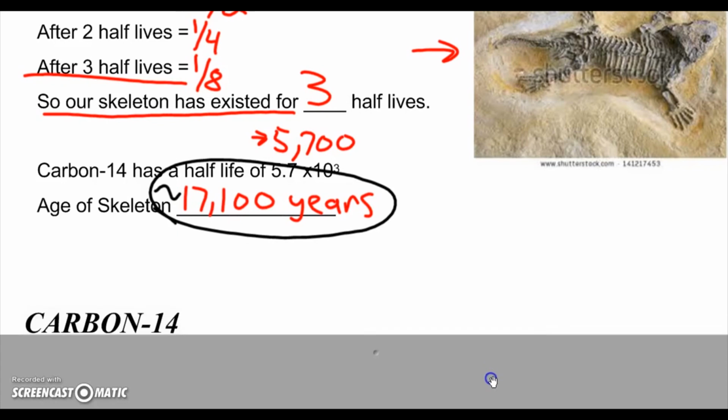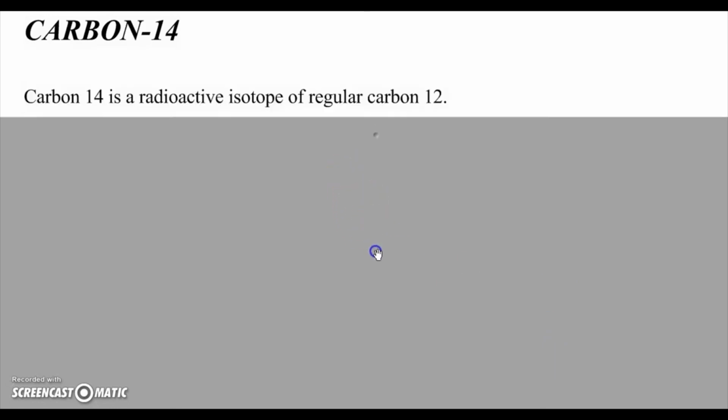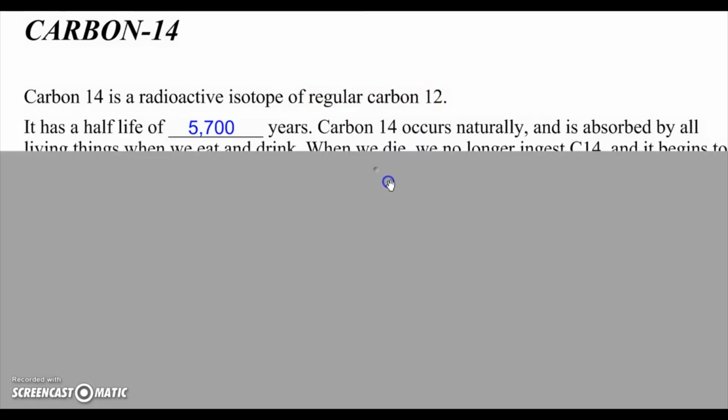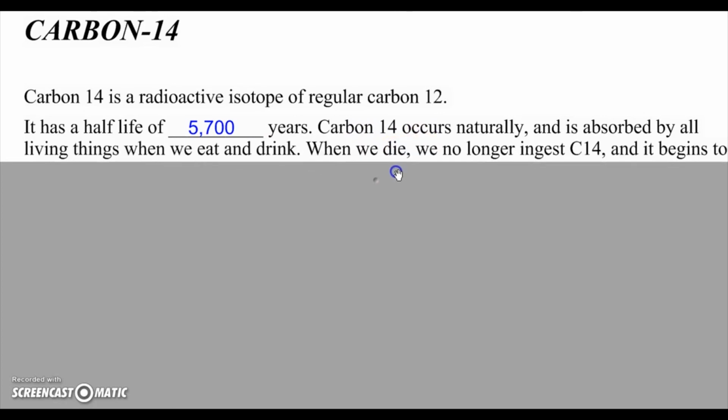Okay, now towards the bottom there's some extra information. Carbon-14, just so you kind of understand what's going on there. Carbon-14 is a radioactive isotope of regular carbon-12. Carbon-12 is what we have in our bodies mostly. Most of our carbon is carbon-12. Okay? Its half-life is 5,700 years. It occurs naturally and is absorbed by all living things when we eat and drink.